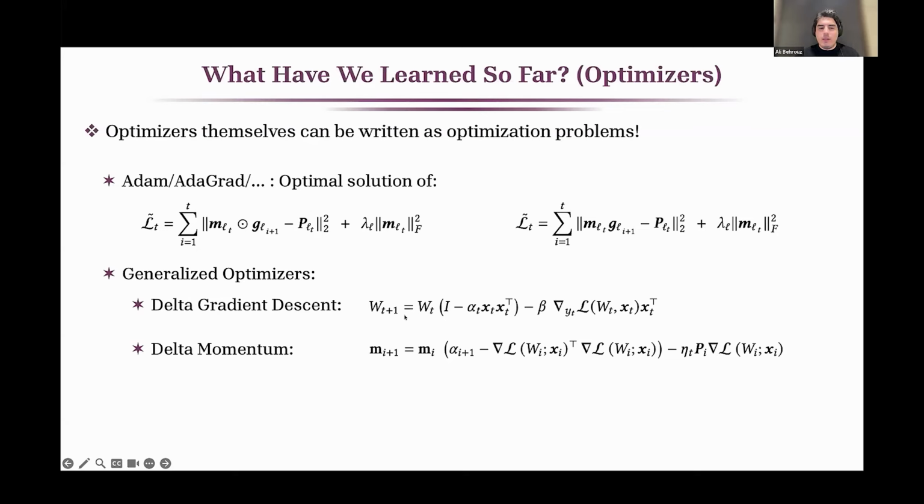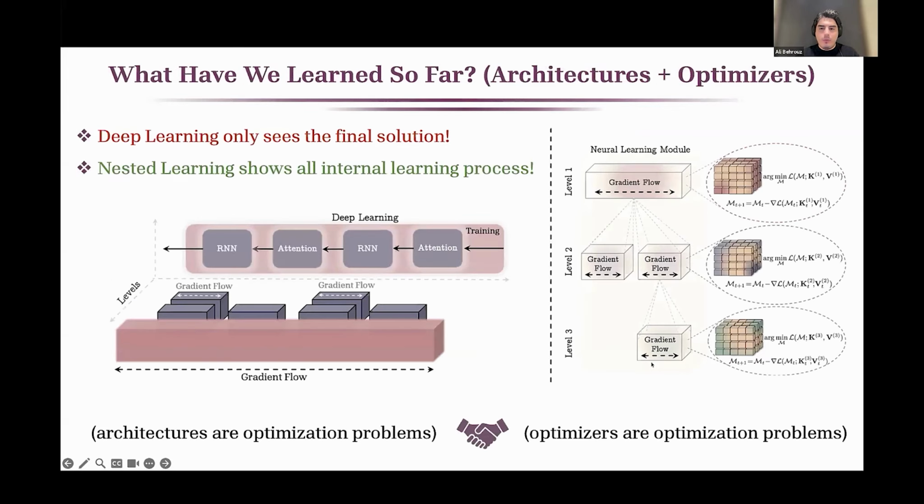So we present delta gradient descent, which is simply gradient descent with a data-dependent weight decay process. Or we can apply the same intuition to the momentum term and come up with a new formulation to update the momentum, and we call this variant delta momentum.